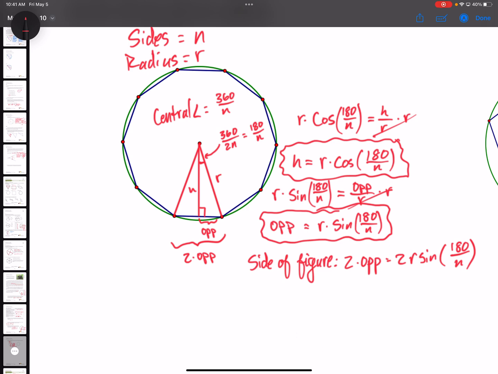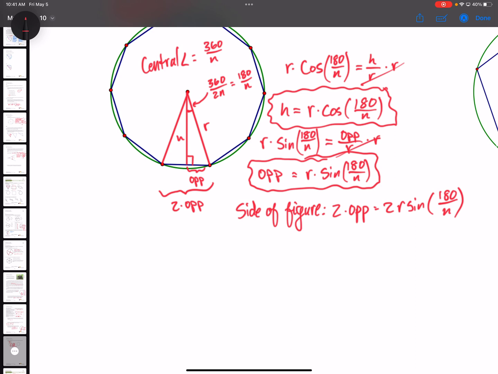So to find the perimeter, what do we need to multiply that by? The number of sides, so n. So it's 2 times n times r times sine of 180 over n.